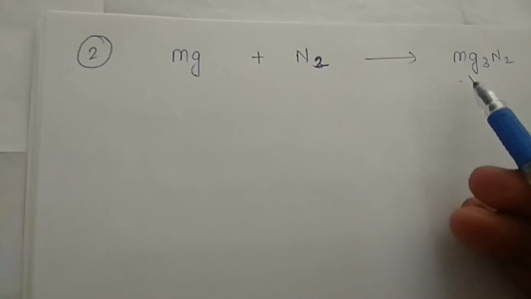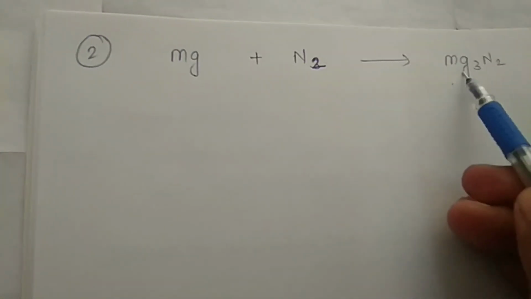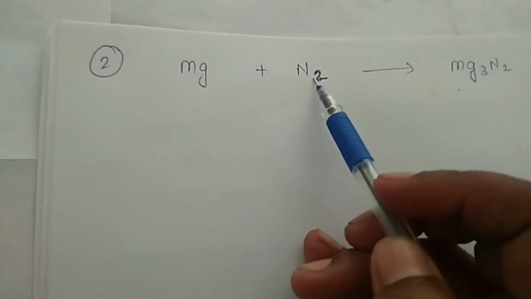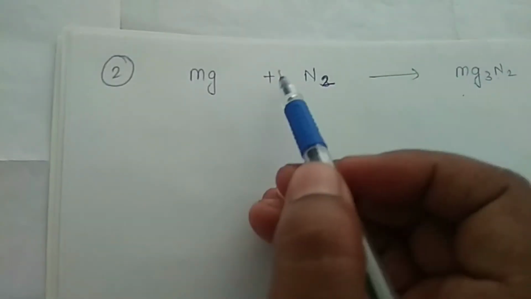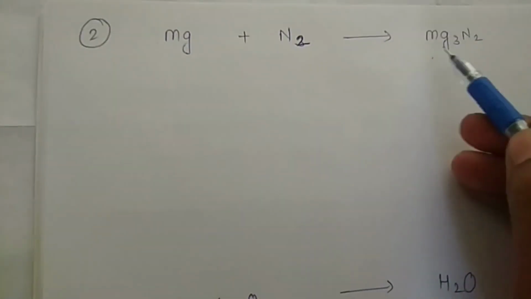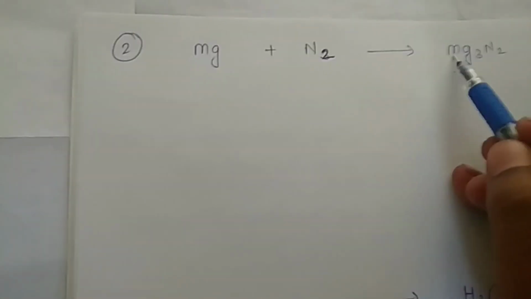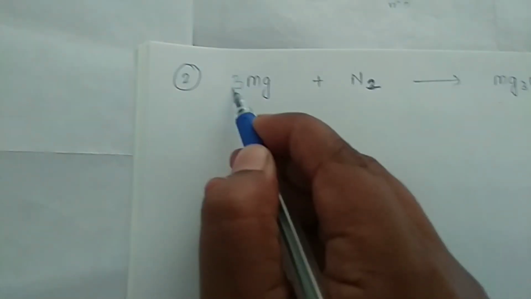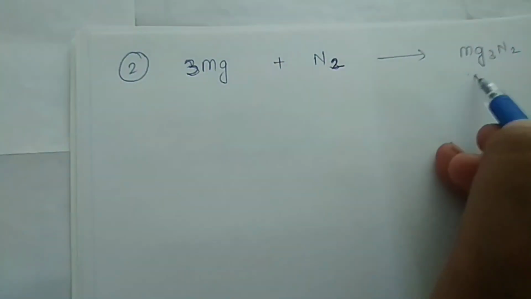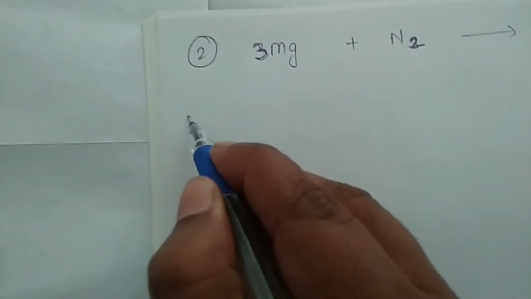There are 3 magnesium, so we can write 3 magnesium. Clear, children? 3 magnesium, 2 nitrogen, 2 nitrogen. Let's see another example.